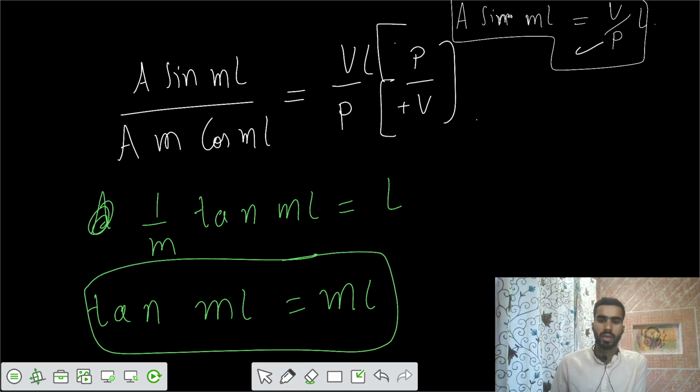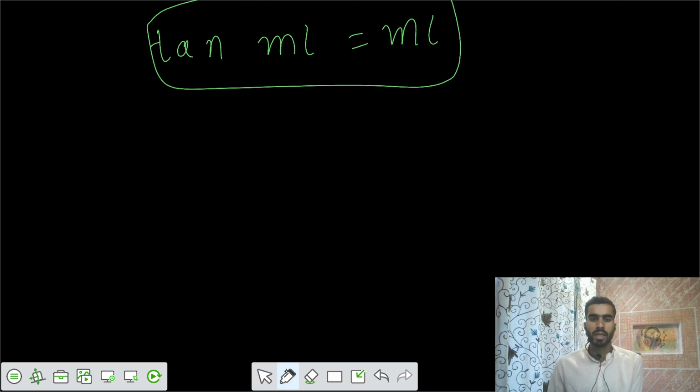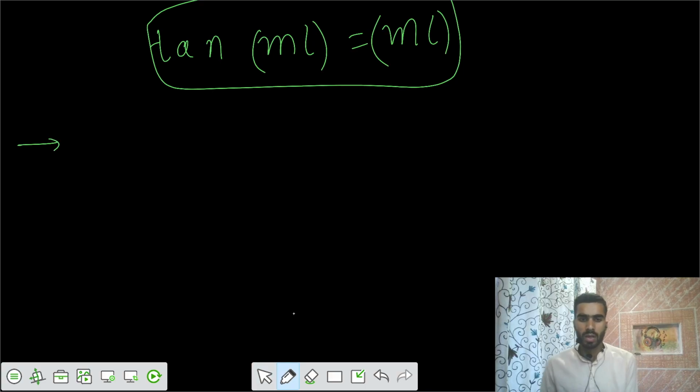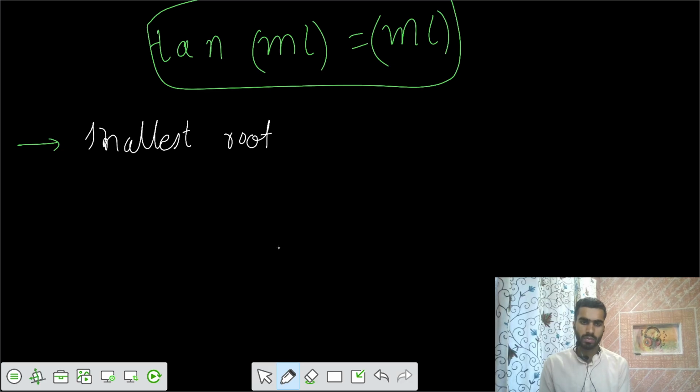We have this equation that tan of some function is equal to that ml, tan of theta equals to, let's say, theta. So for this case we say there's some smallest root of this equation.